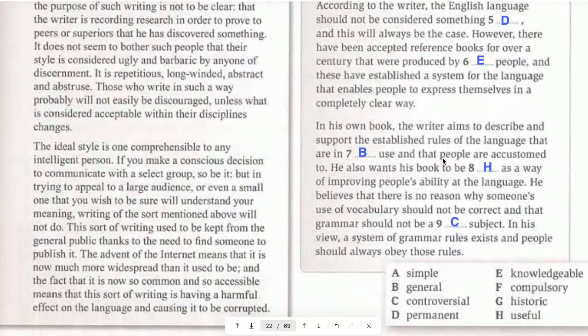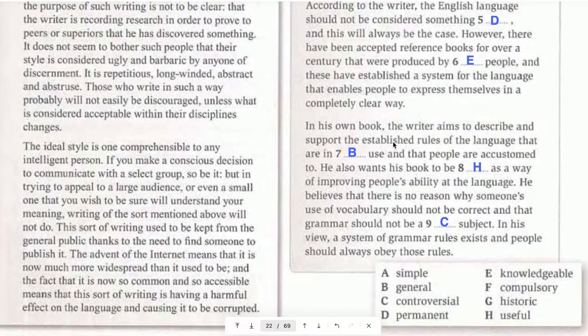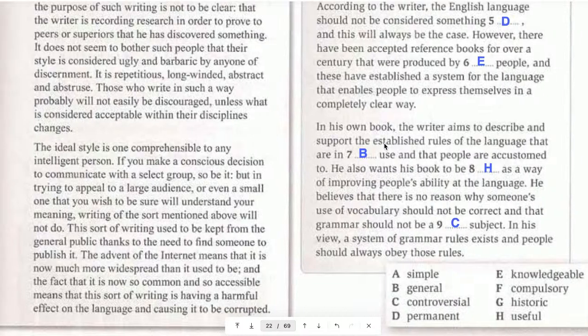That standard is similar to what? Established. Established rules of the language. Okay, the established, I mean that those rules were approved and implemented.